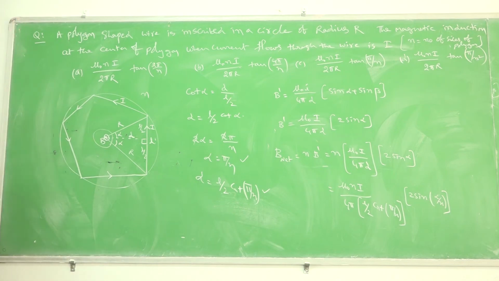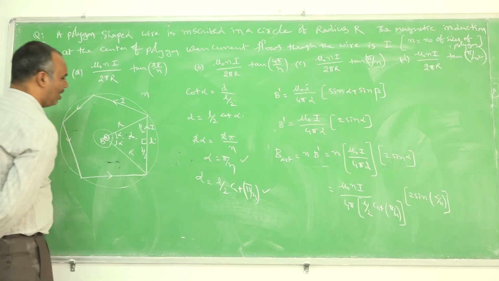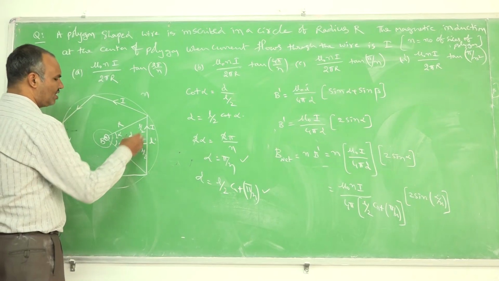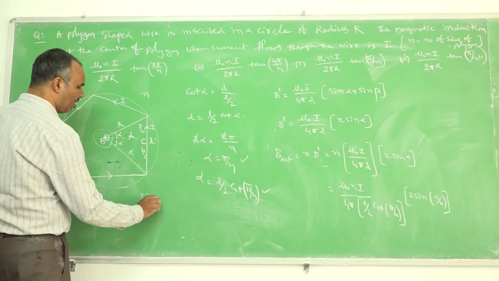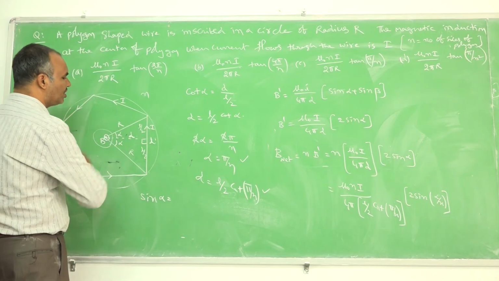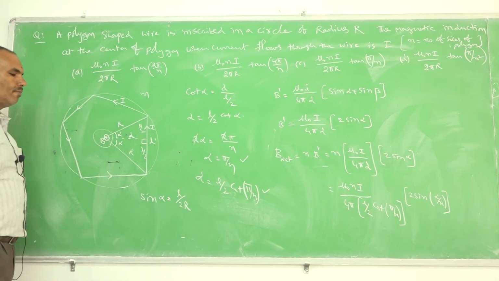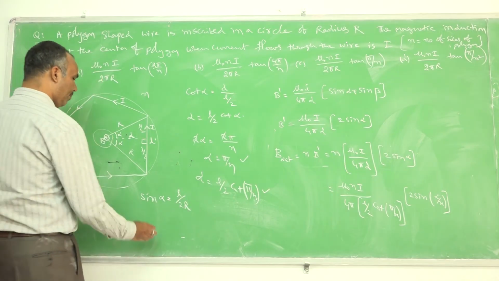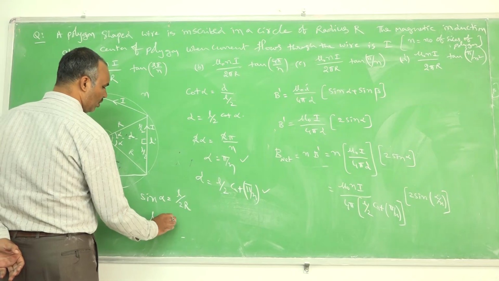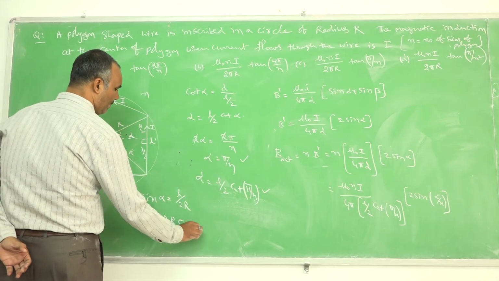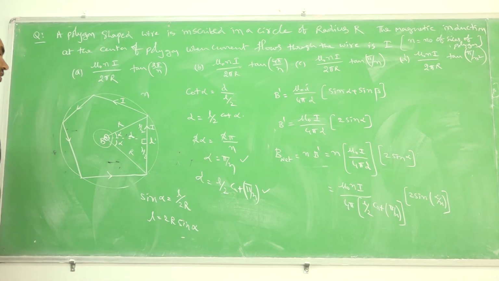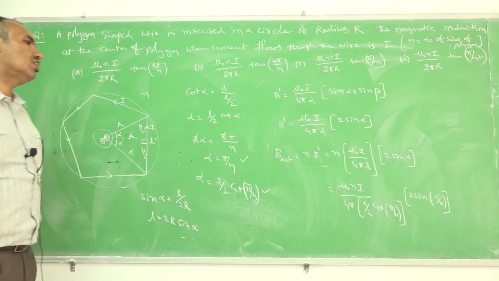What is the relationship between r and L? If you take tan alpha here, or sin alpha you take better. Sin alpha is equal to opposite side by hypotenuse, L by 2r. So, L can be replaced with 2r sin alpha.